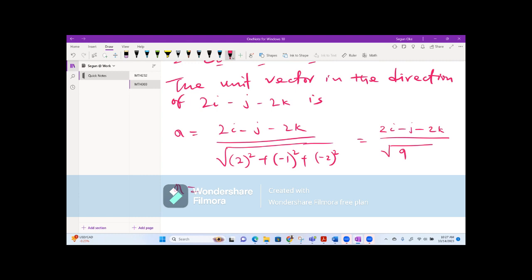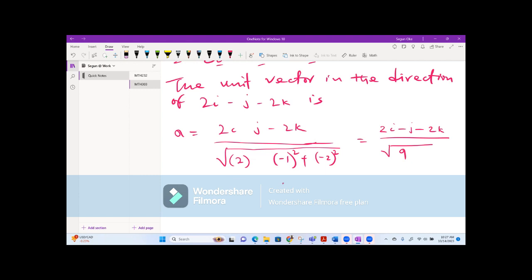Then our a will be 2i over 3 minus 1 over 3 j. Somebody will be asking, where do you get 3? The root of 9 is 3.